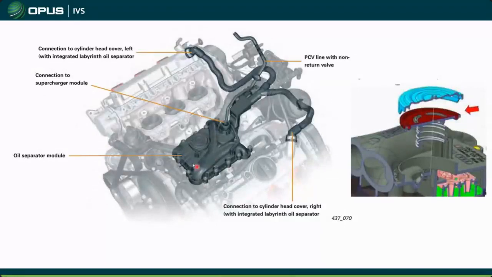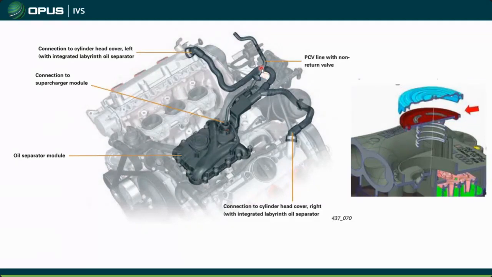You have your oil separator, you have your pressure regulating valve, you have your connection right to the supercharger, you have your vent hoses that come from each valve cover. Your primary oil separation happens right here in the valve cover. Again, you have a labyrinth system through here. Your gases come through here, further oil separation takes place, and then they are vented.